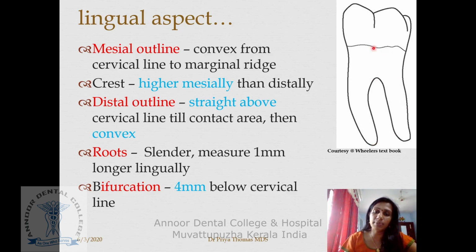If you compare the bifurcation area, the length of your root trunk here is 4 millimeters. So it is 1 millimeter wider when compared to your buccal root trunk area, where it was 3. On the lingual aspect, the distance from your cervical line to the furcation area is much greater, that is 4 millimeters.